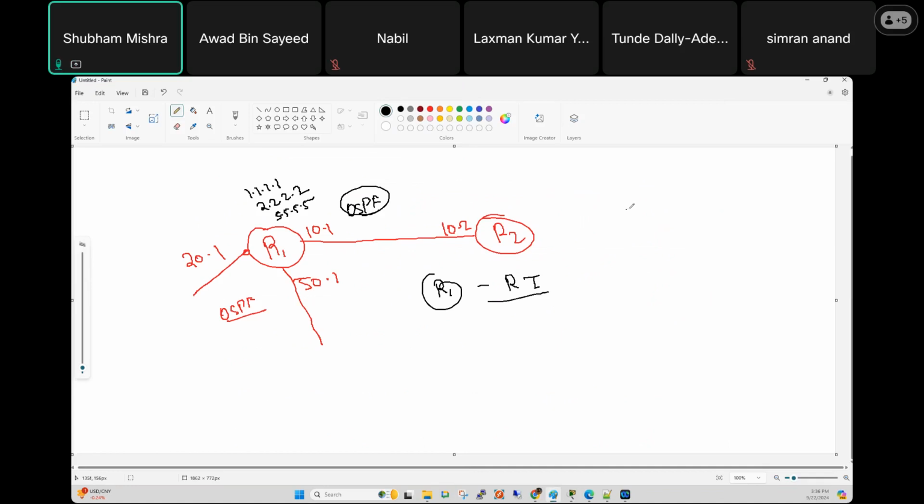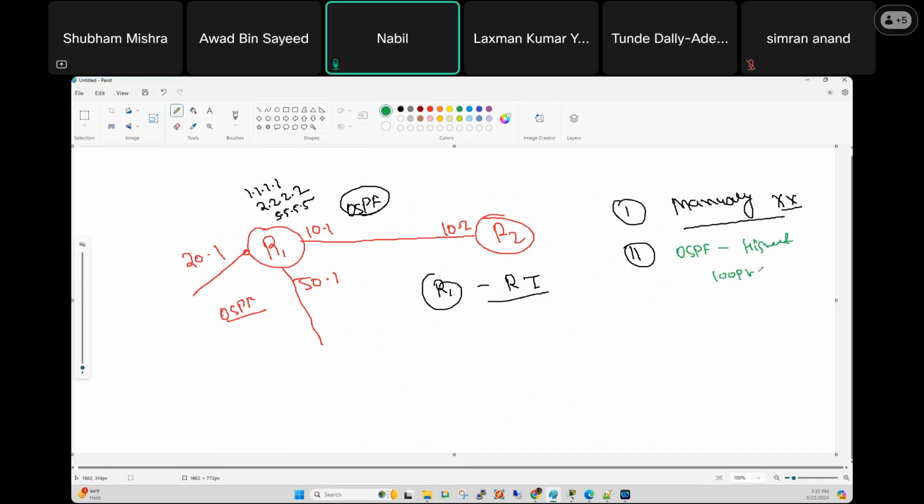What is the first thing? Either you can configure the router ID manually. The first criterion is manual configuration. How we configure the router ID manually, I will tell you later. Now, second, let's suppose I do not configure the router ID manually. Then OSPF chooses the highest loopback address.